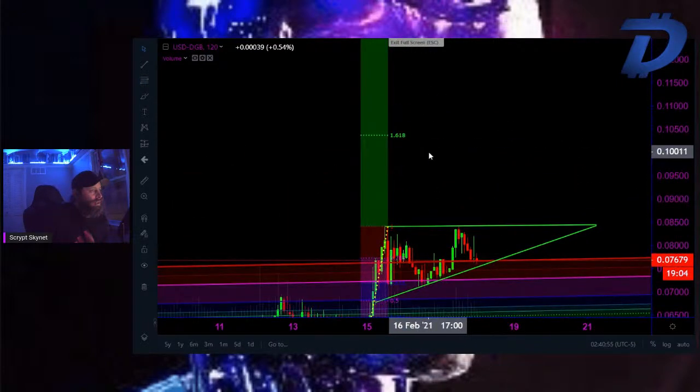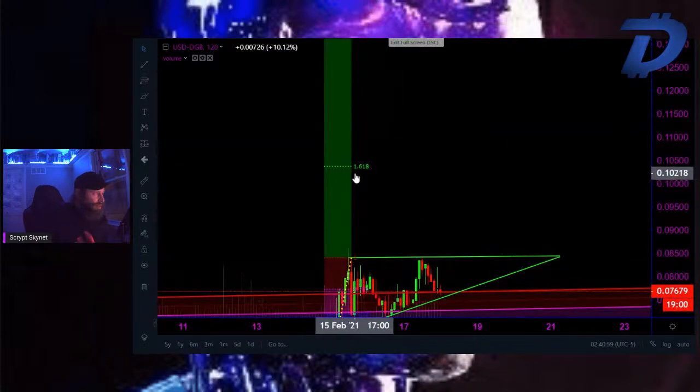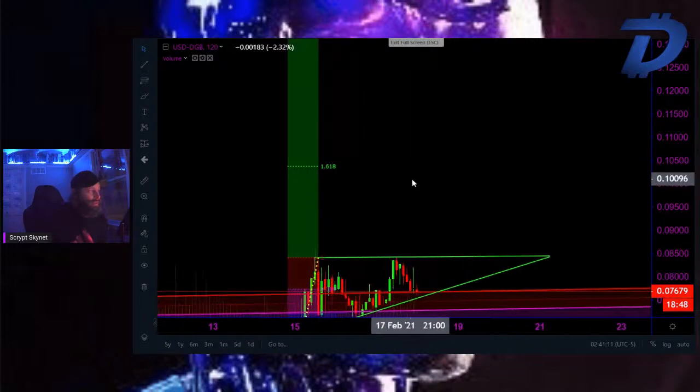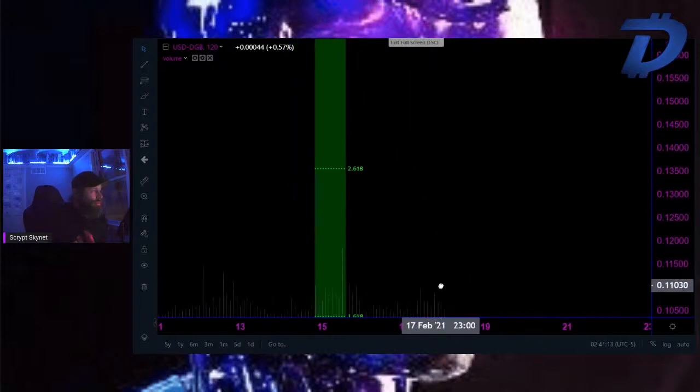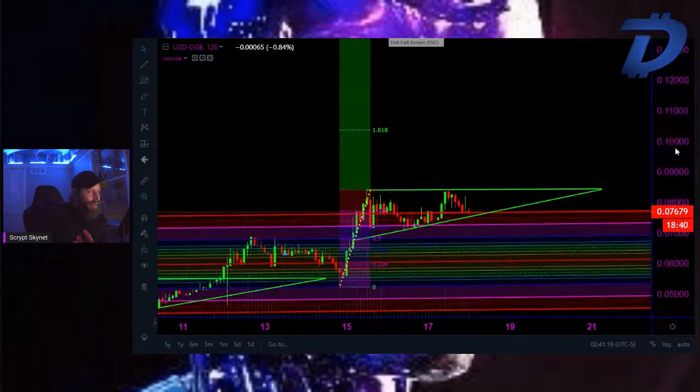Okay, so if it pops out of here, the first target is the 1.6, which is a little over 10 and a quarter cents, right? That would be the first target. That would be cool, right? 10 cents. Wow. But if it was really bullish off this trend line, like all of a sudden this is a major breakout for DigiByte.